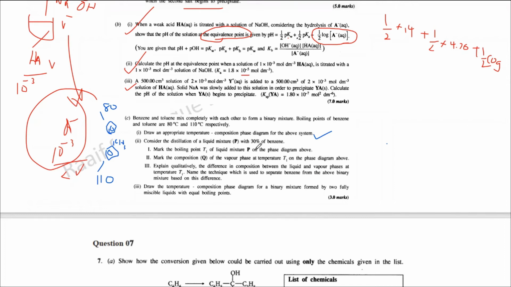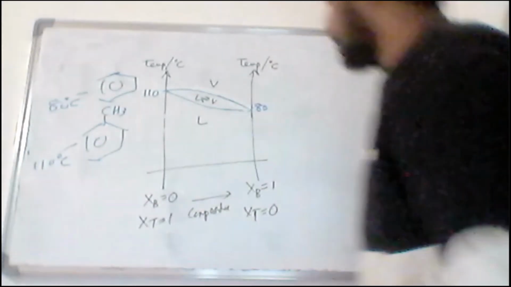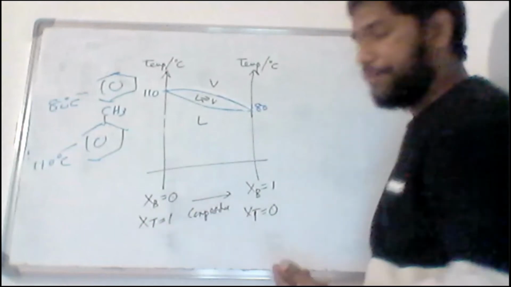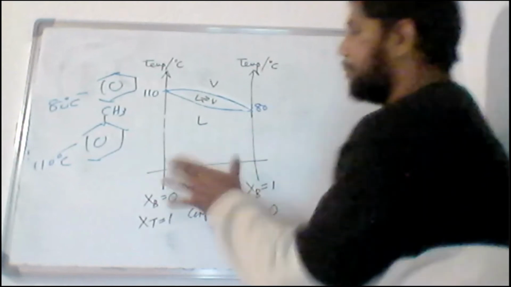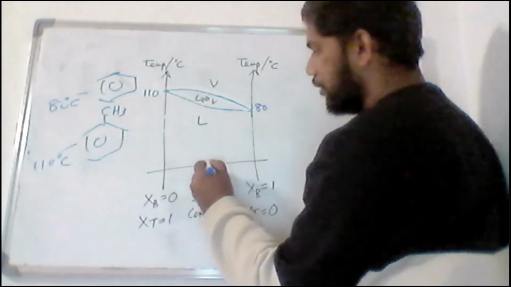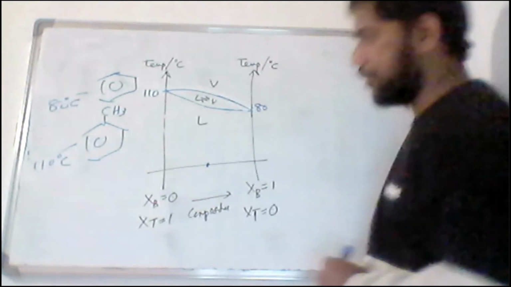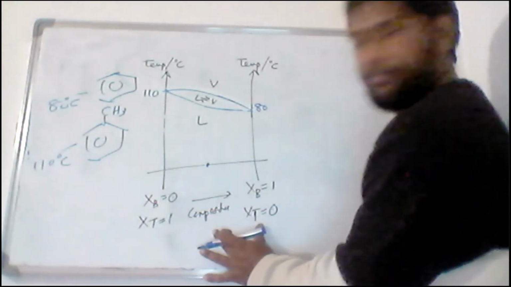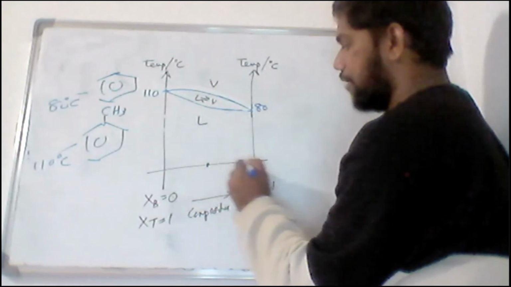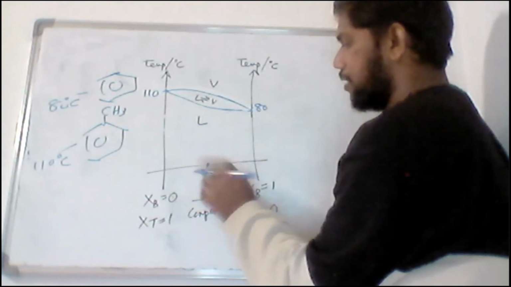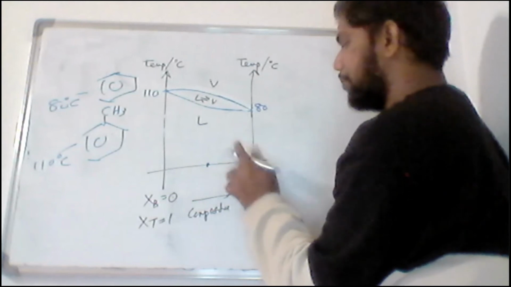So now they are telling us we have a liquid mixture P with 30% of benzene. According to our diagram, where is the mole fraction of benzene? That is 1. So here you have benzene 1. 30% means, now this is around 50% toluene, 50% benzene, so here we divide this into around 5 parts: 40%, 30%, 20%, 10%.